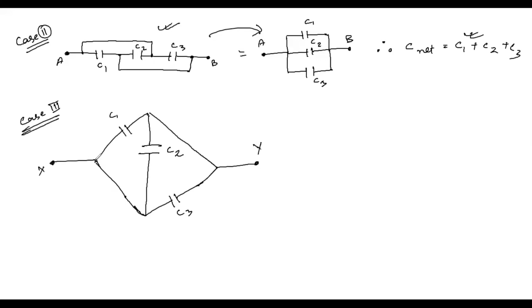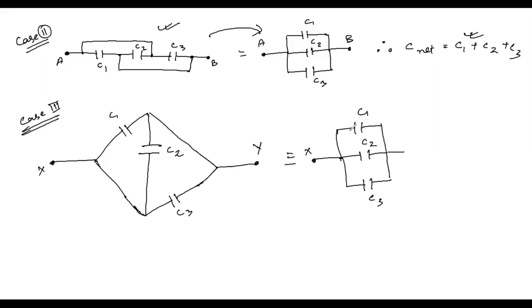Now again, if you see here also, different currents are flowing through these different capacitors. So how can you draw the equivalent circuit diagram for such circuits? Again, what you will do is just draw this as a parallel combination of these three capacitors, C1, C2, C3.